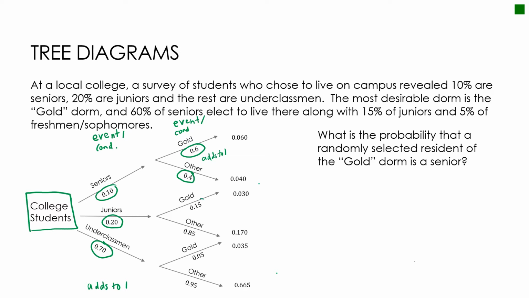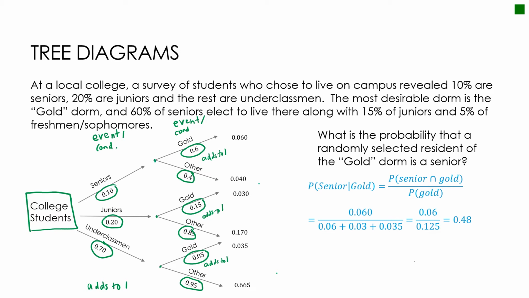Juniors have 15% in the Gold and 85% other. Again, this adds to 1. And of course, underclassmen, 5%, 0.05, and then 0.95 or 95%, again adds to 1. So each time I branch out from a part, it always has to add to 1.